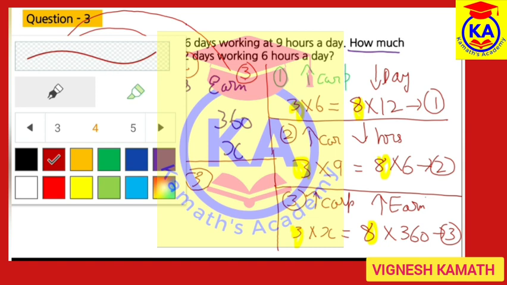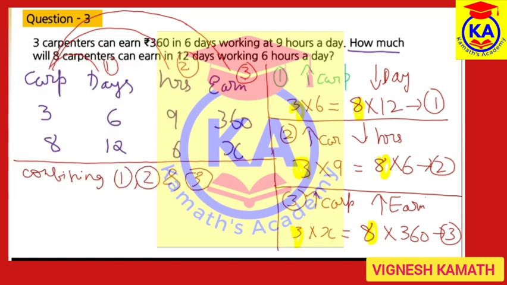Now we'll write the combined equation. So here 3 into 6 from the first equation, into 9 from the second equation, into x from the third equation, is equal to, now the LHS part is done, the RHS part: 8 is common here, 8 into 12, then from the second equation you get 6, and from the third equation you get 360.